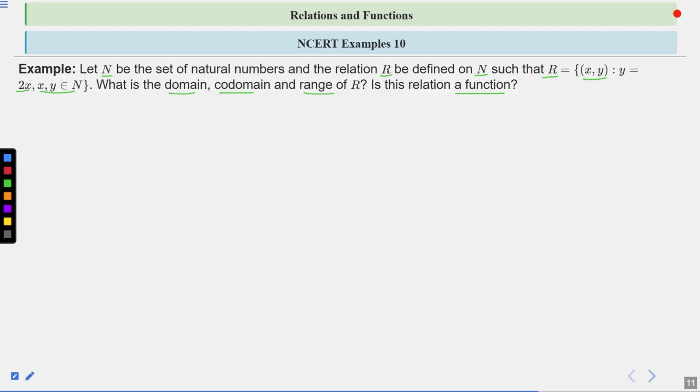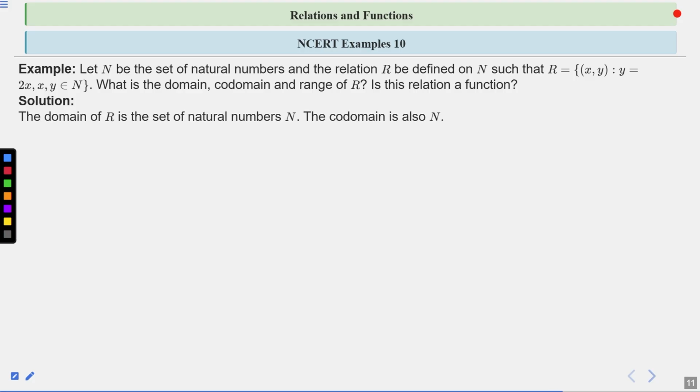And justify your answer. Solution. The domain of the relation R is the set of natural numbers, meaning complete set N. The codomain is also the complete set of N. Why? Because your relation is from N to N. Yes, and the second set by definition is your codomain set.